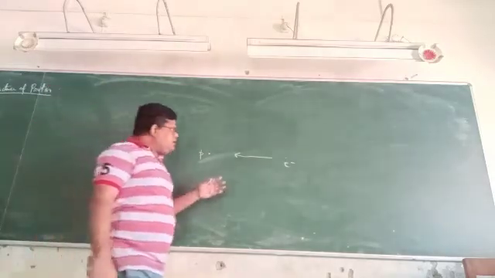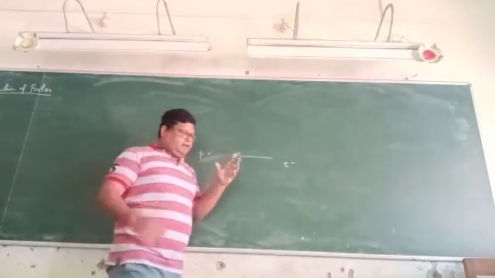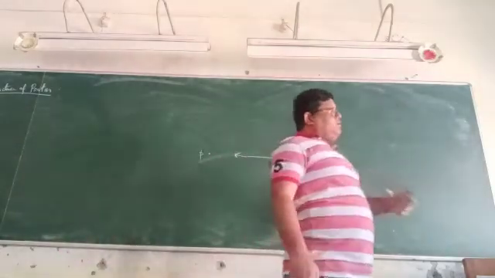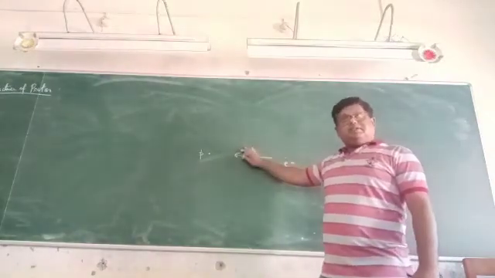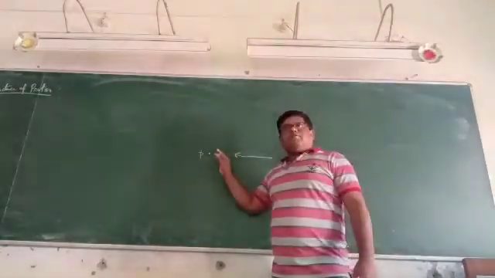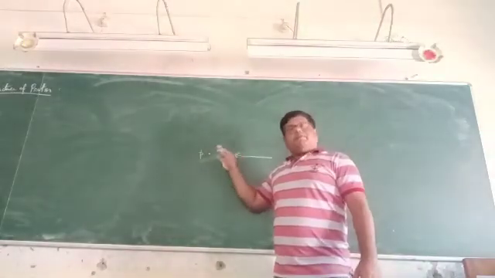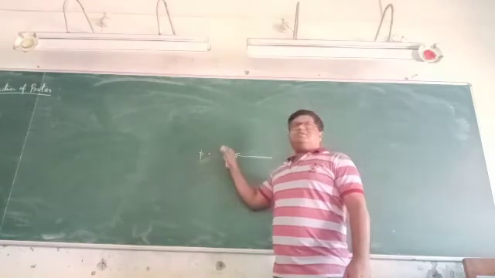Okay, so initially we will be just having elastic scattering. At that time, when the energy of this electron is low, the energy of the virtual photon is low and the wavelength will be much higher than the dimensions of the proton.